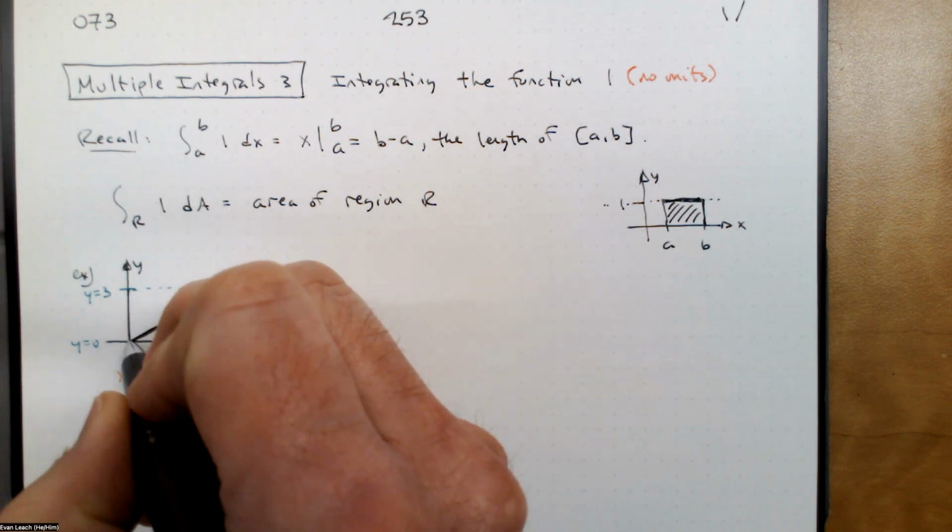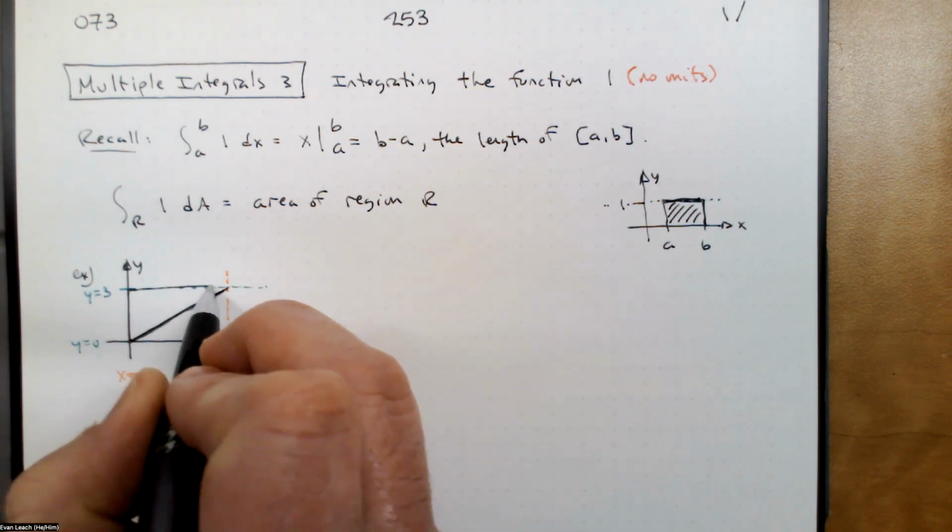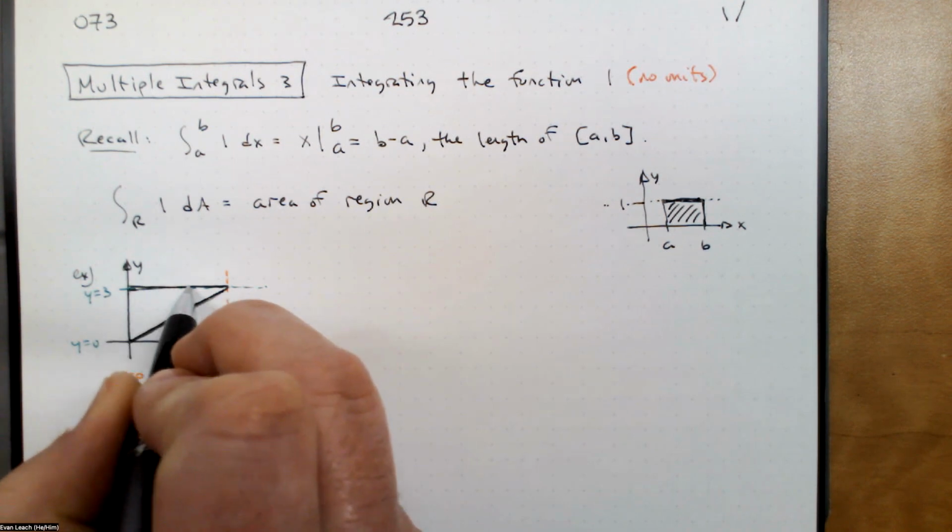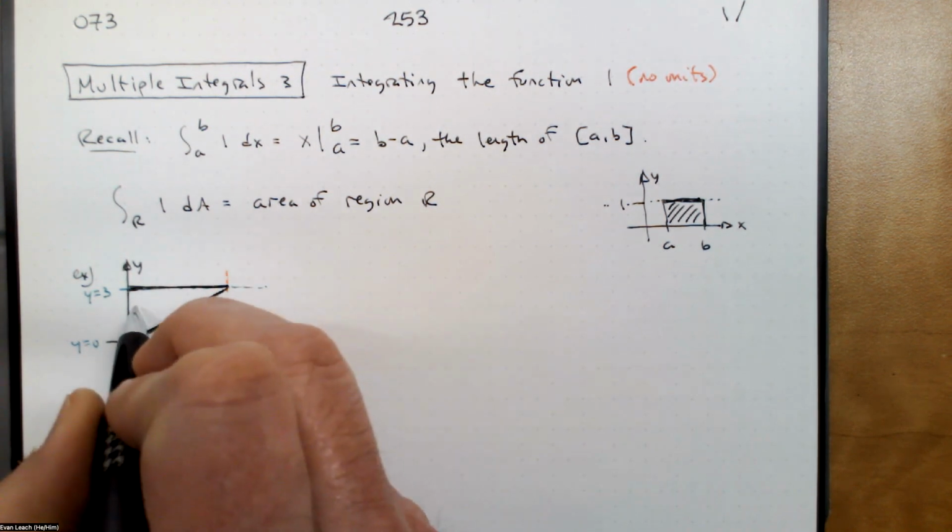One of the regions that we dealt with was this upper triangle here. I think we had called it R3.